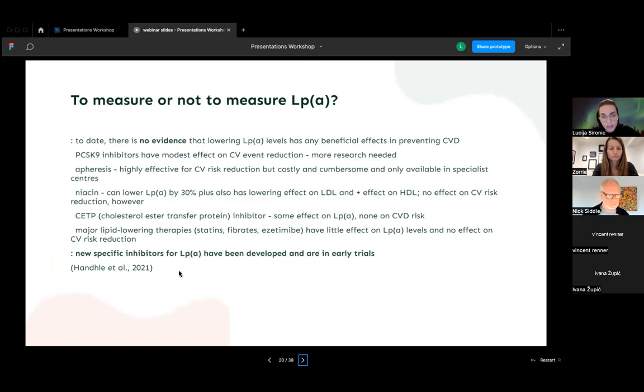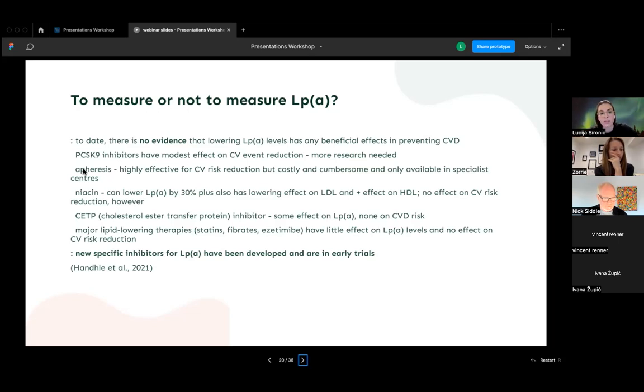To answer that question, it's important to know that even though there are therapies that can help bring lipoprotein A levels down, there aren't many that can actually help reduce cardiovascular event risk. Apheresis, which is basically dialysis, so physically removing that extra lipoprotein A, is the only currently available therapy that is very effective for cardiovascular risk reduction.